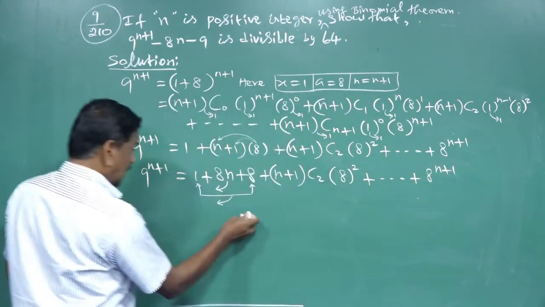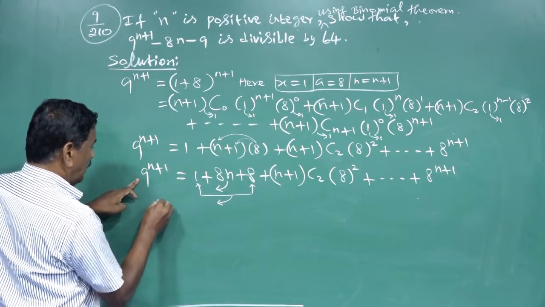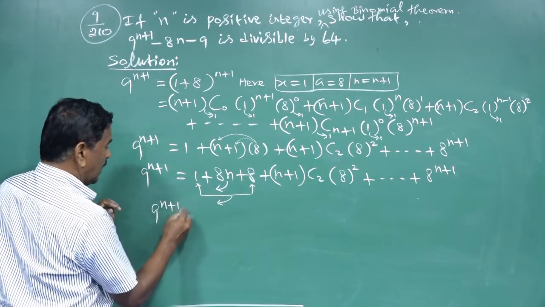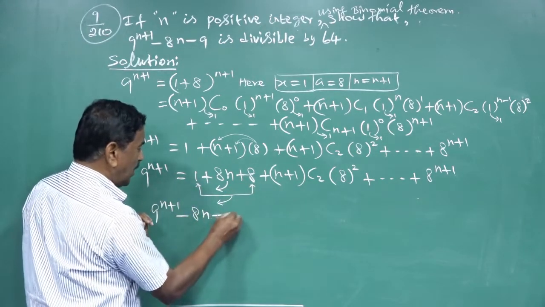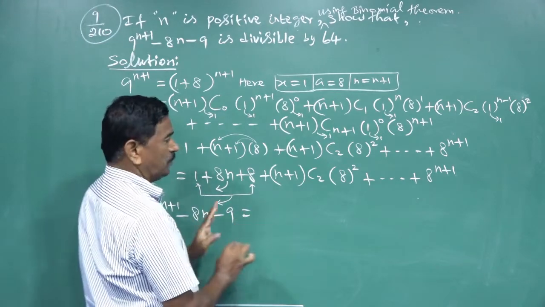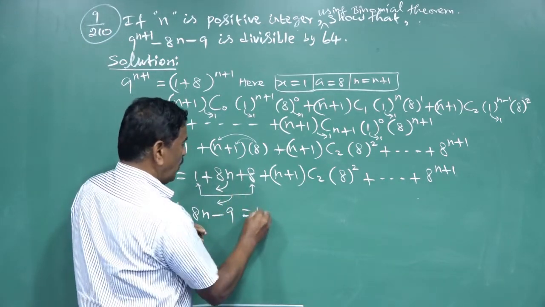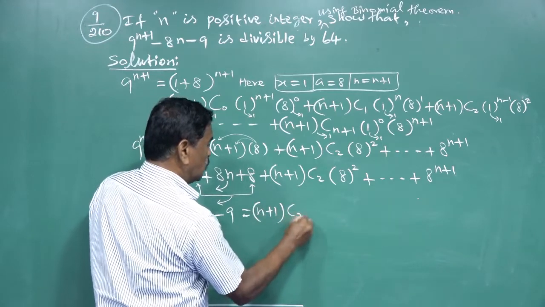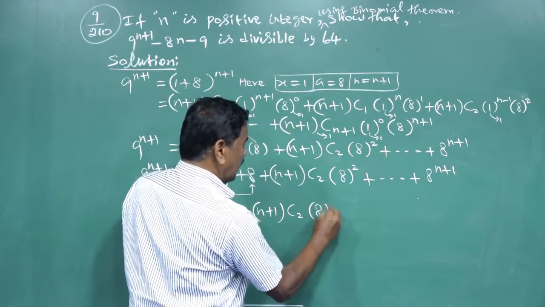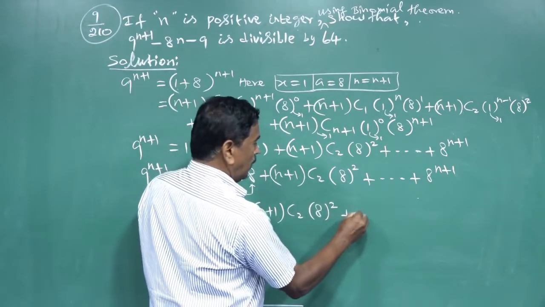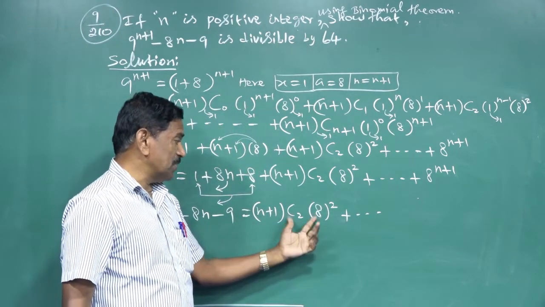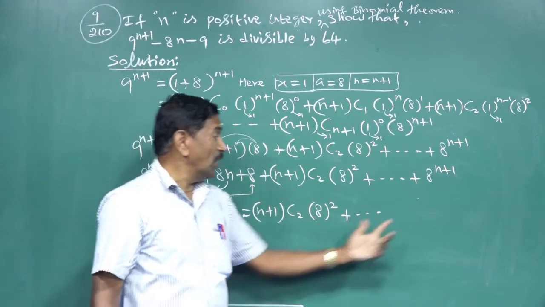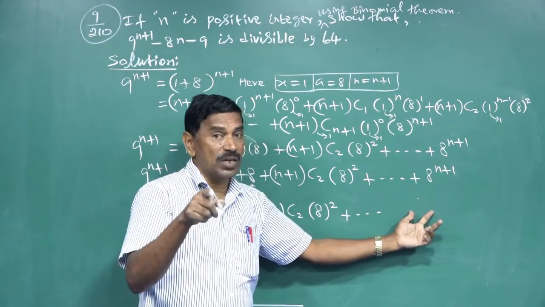Now remember the technique. Next step, 9 power n plus 1, 8n comes to the left side, minus 8n, 8 plus 1 is 9, 9 comes to the left side, minus 9, which is equal to n plus 1 C2 into 8 square as it is, plus etc. Remember, the first term has 8 square equal to 64, and the last term also I need 8 square equal to 64.